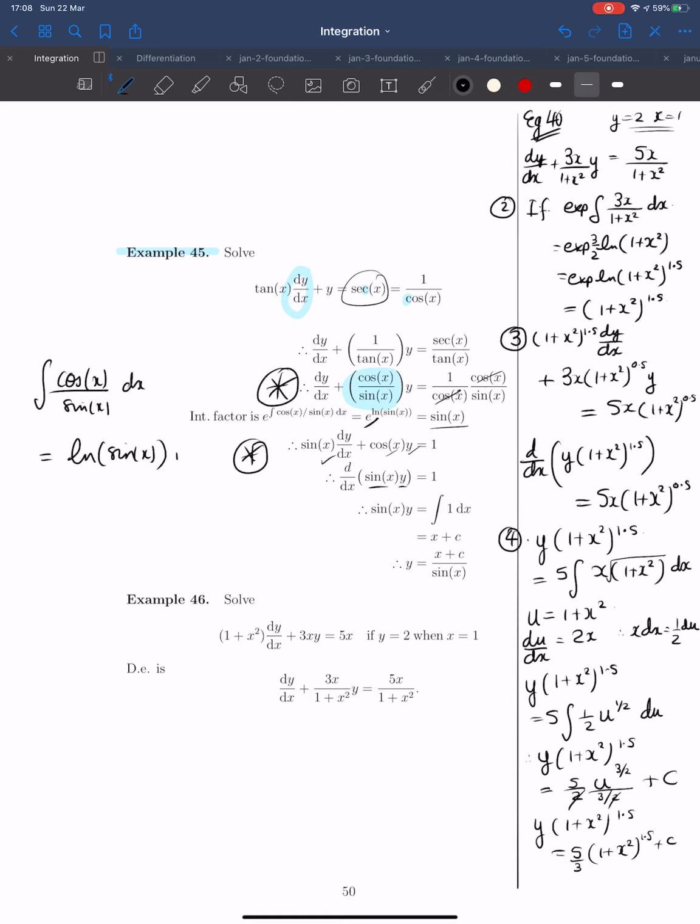Actually, it starts to look a little bit nicer. I'm going to divide both sides by 1 plus x squared to the 1.5. So y is 5/3 plus c over 1 plus x squared to the 1.5. Answer.